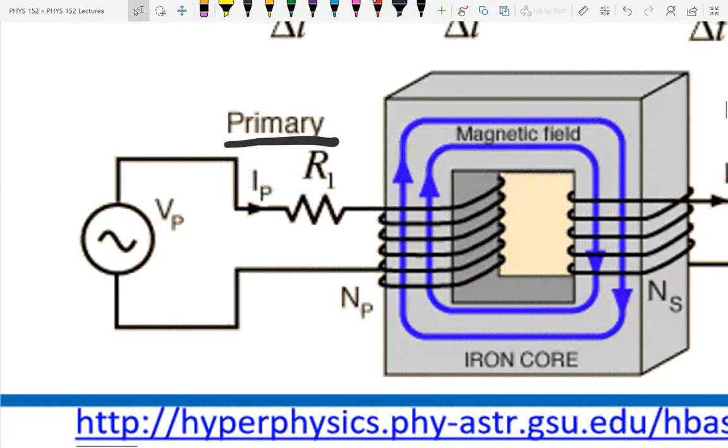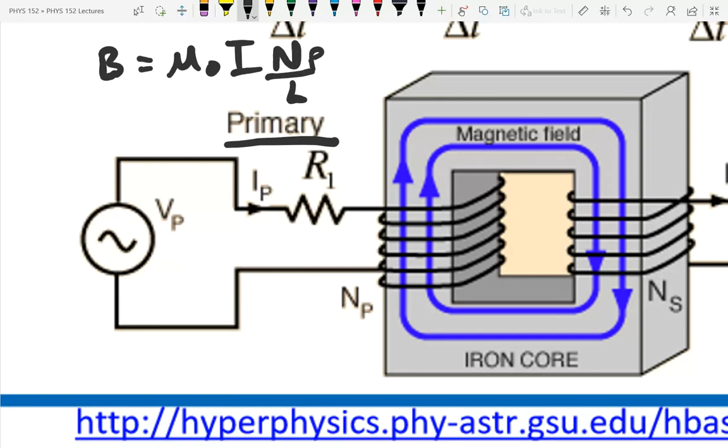But on the primary side, what's my magnetic flux? Mu I times the number of turns in the primary divided by the length of the primary there.